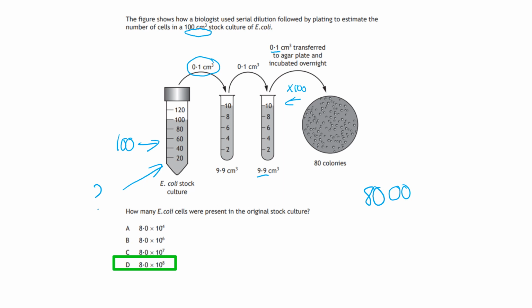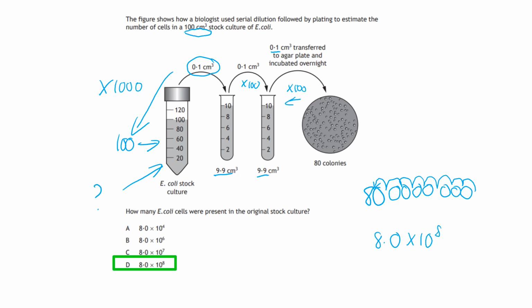This one we took 0.1 out of 10, so again, that's another times 100. And that's taking us to here. Now here we took 0.1 out of 100, and that is times 1,000. So 1, 2, 3, 4, 5, 6, 7, 8. 8.0 times 10 to the 8. So that is a tricky one.